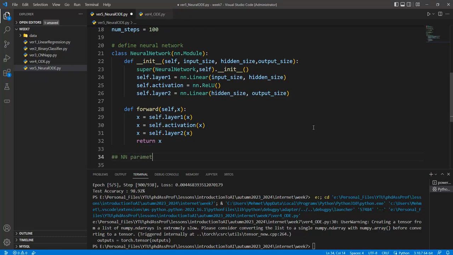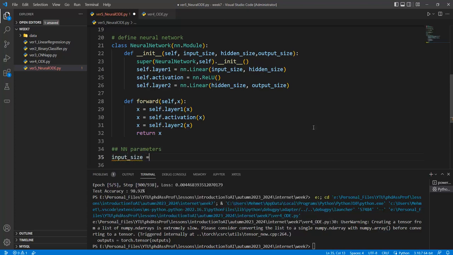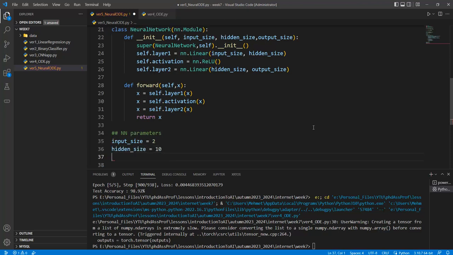And then parameters can be defined in here. Input size. What's the input size in here? Yes. Hidden size, you can choose 10.